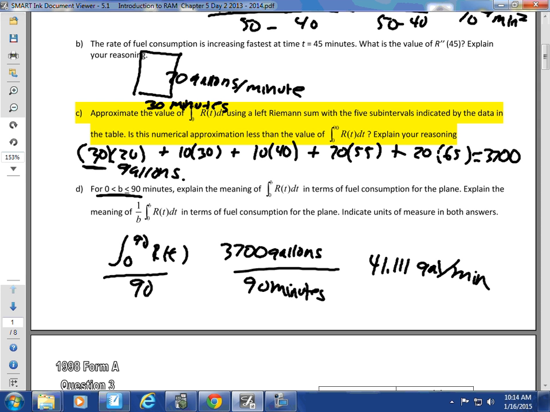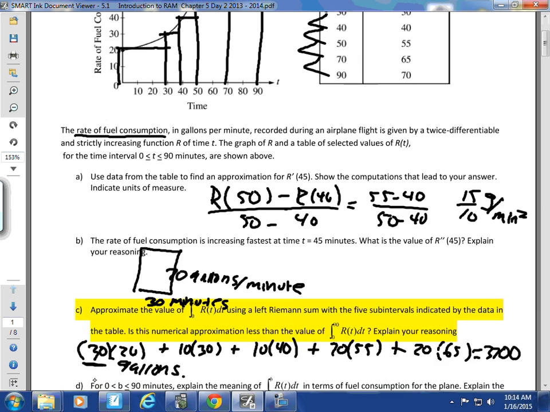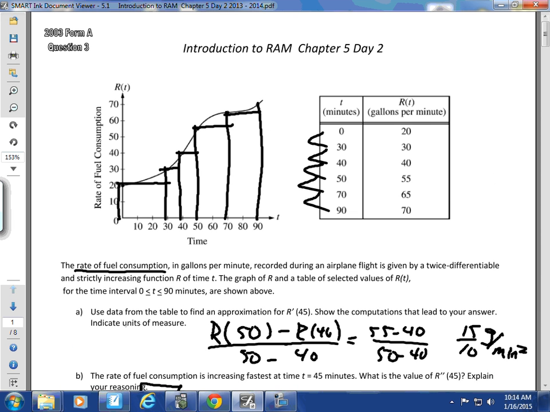And you've never heard the one for integrals, so I don't know how you're getting that question. But there's a mean value theorem for integrals. Again, that comes in section 5.3, which says the average value has to equal one of the points on the curve. And if you look up here, yeah, it goes through 41.111.